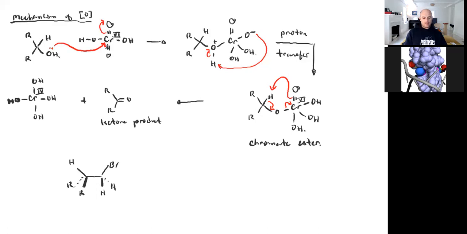We said that, in eliminations, we usually want to do an anti-periplanar elimination and an E2 elimination, but we can do the syn periplanar. And so this hopefully is old hat to you. You would eliminate to make the alkene.